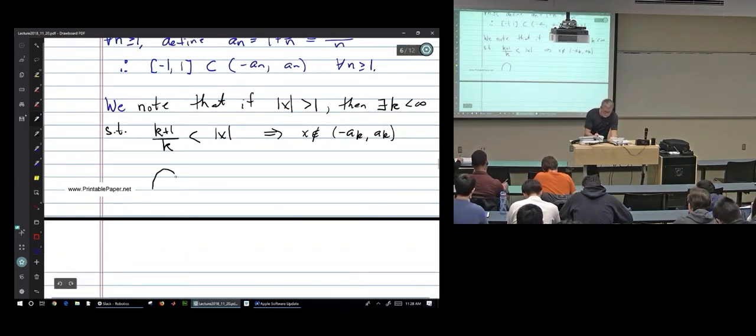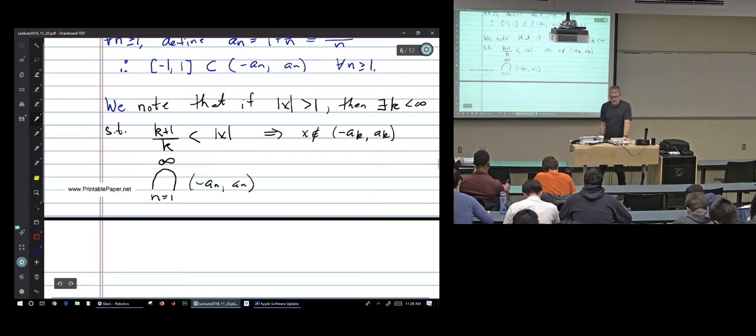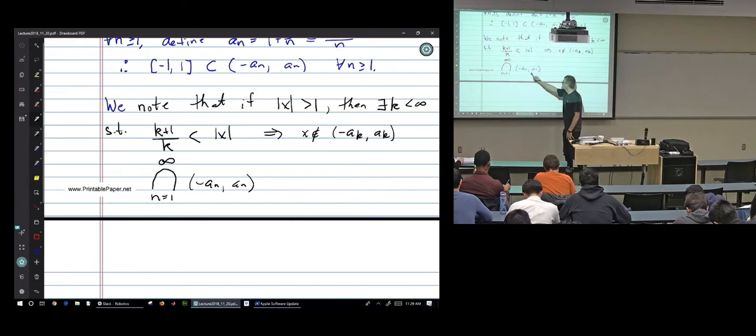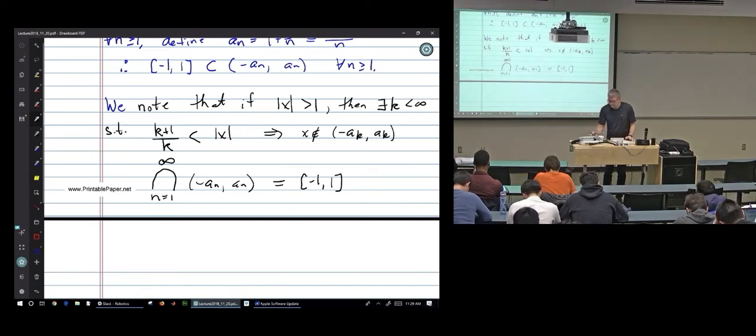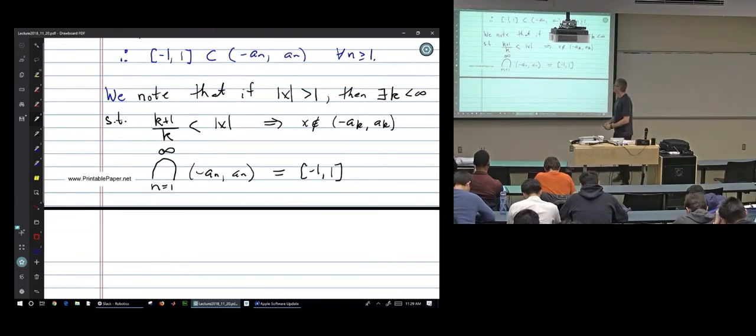So now I take the intersection, n equals 1 to infinity, of (-a_n, a_n). So it's an intersection of an infinite number of open sets, and I get this. How do I get this?